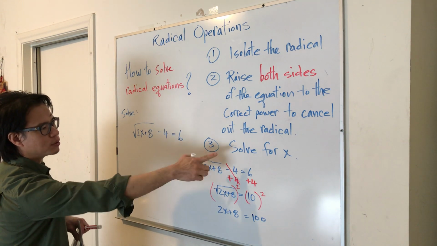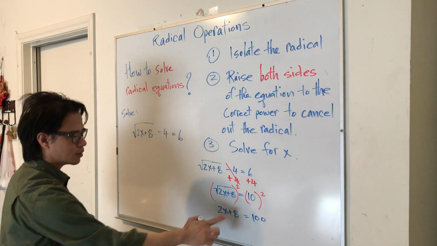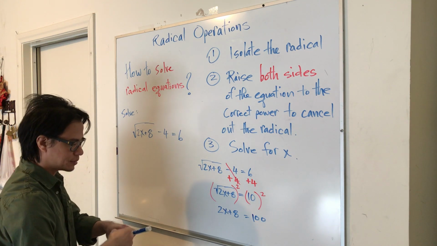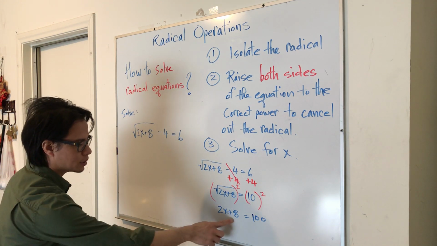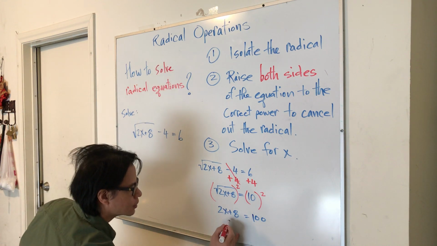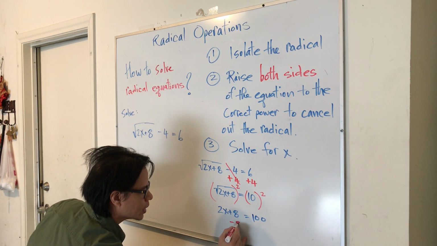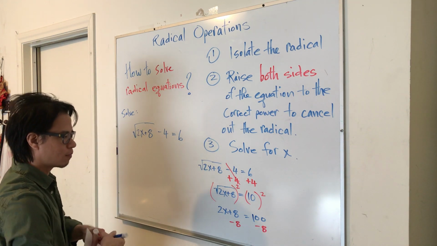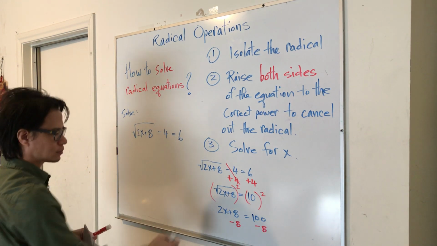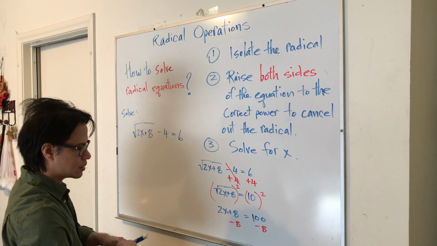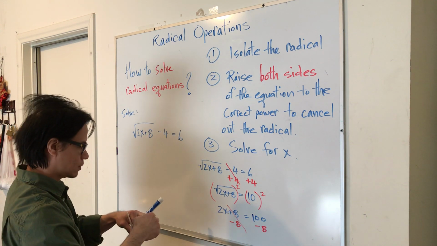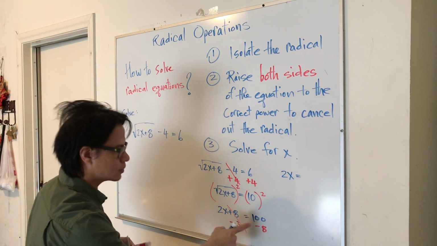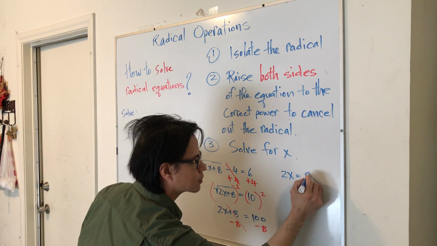Step 3, we're going to solve for x. So do what you need to do from algebra 1 and then isolate x. So let's get rid of the plus 8 here by subtracting it away. So now we'll have, this cancels out, 2x is equal to 100 minus 8.